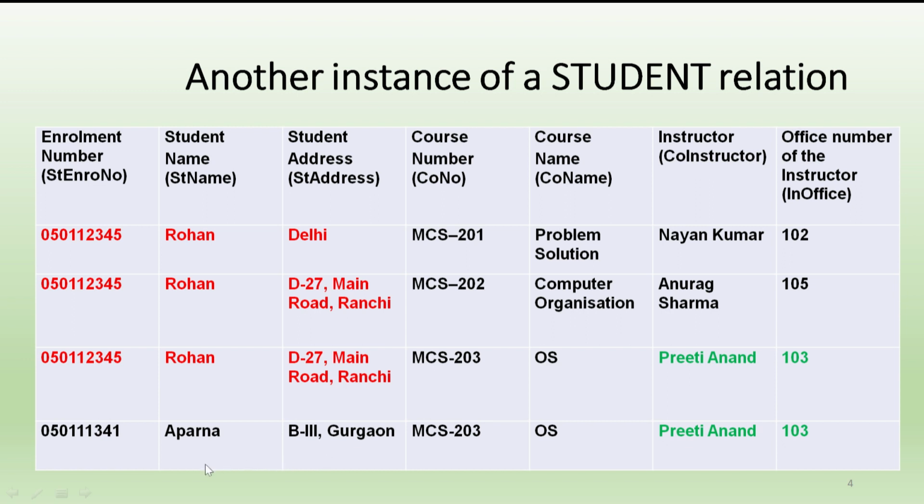That information cannot be entered in this relation, because the primary key of this relation is going to be the enrollment number as well as the course number. A student can take different courses, so the enrollment number is repeated for different courses. That is why there is a composite primary key, which includes the enrollment number as well as the course number.